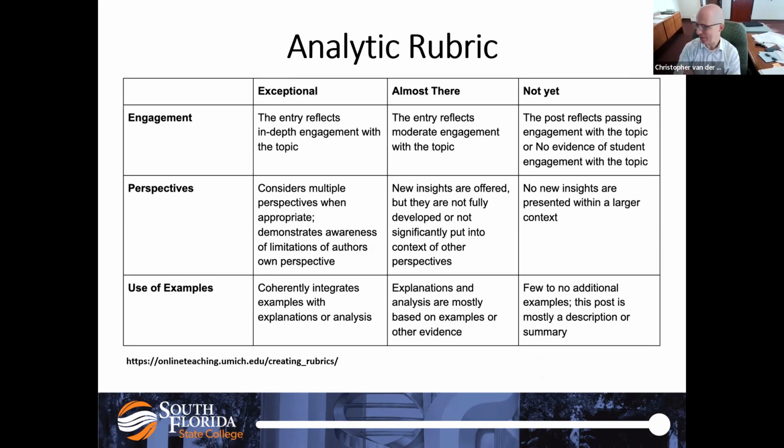Here's the analytic, the one that I think we're all familiar with. And the analytic rubric, just as I suggested earlier, is going to provide a lot of meaningful feedback, but it's initially taking the time to develop. You have your performance criteria, performance descriptions, and your performance levels.